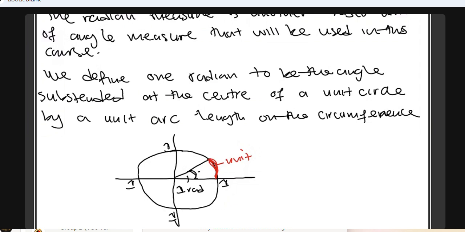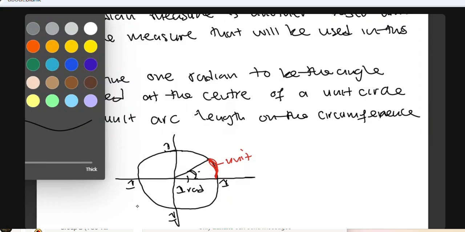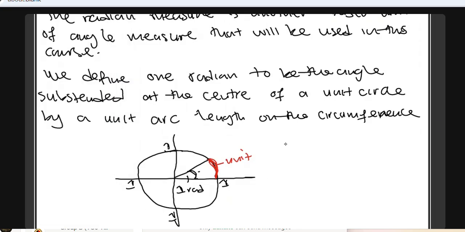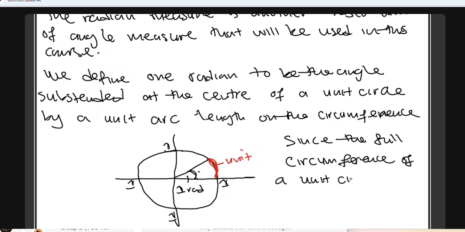So now when you think about it, since the full circumference of a unit circle, what is the length of the circumference of a circle?